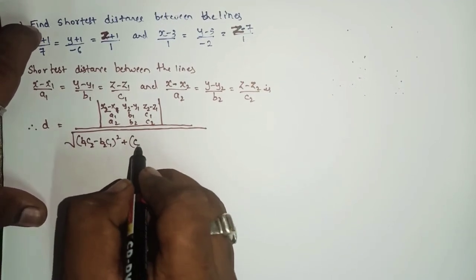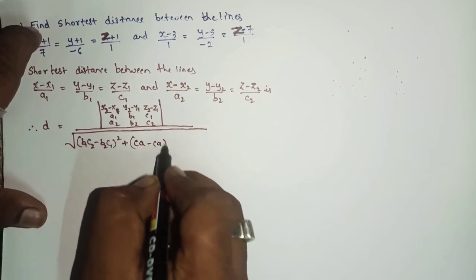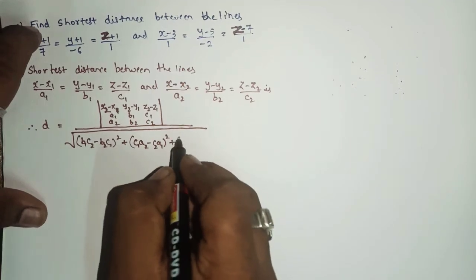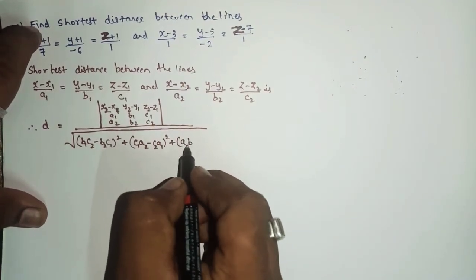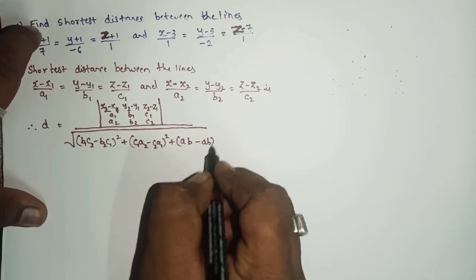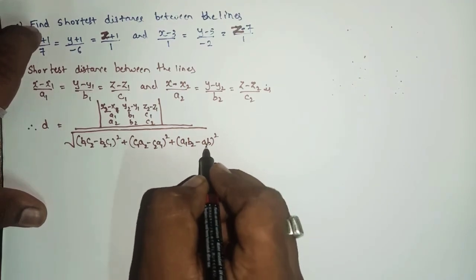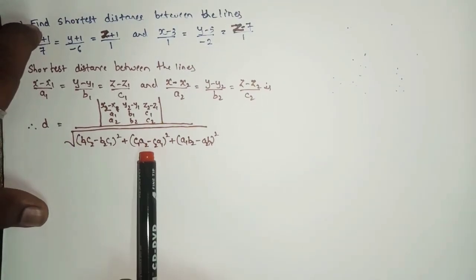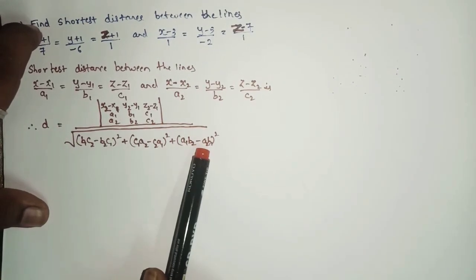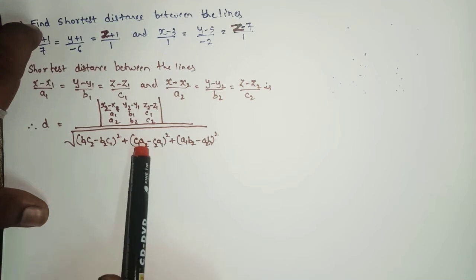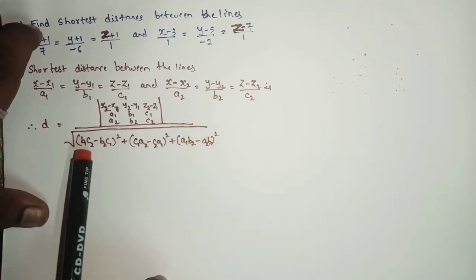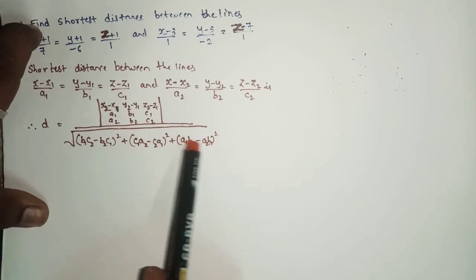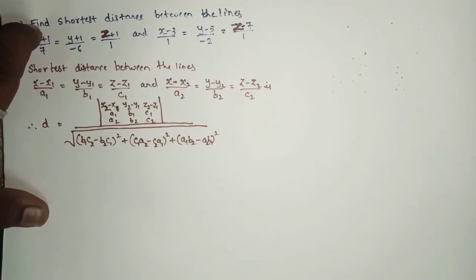In the second bracket, ca minus ca, the whole square, 1 2 minus 2 1, then plus ab minus ab, again the same, 1 2 minus 2 1. First you will write bc, in the second bracket ca, in the third bracket ab. That means bc minus bc, ca minus ca, ab minus ab. In this way you can remember your formula.